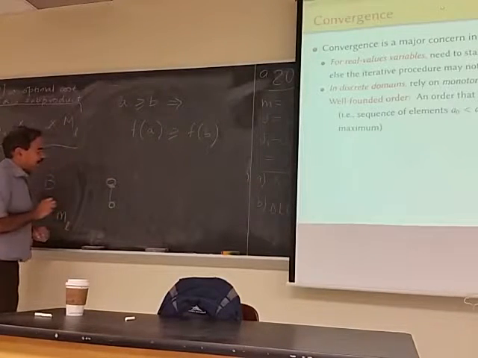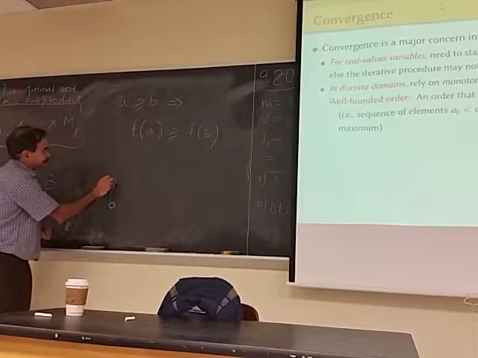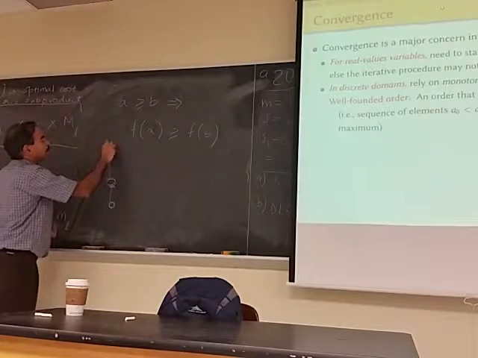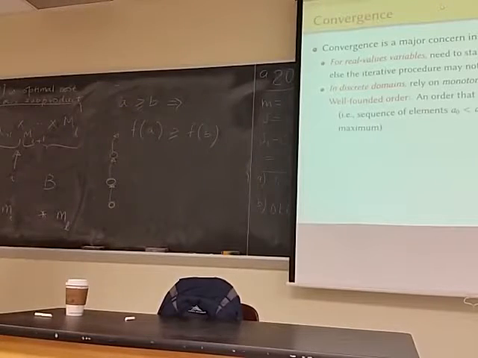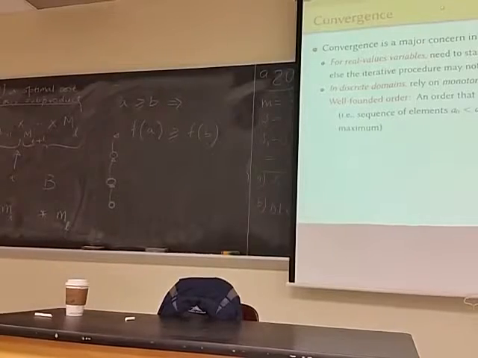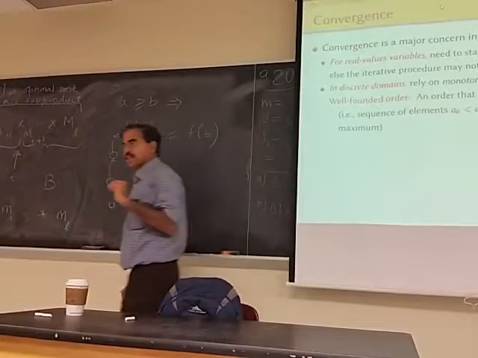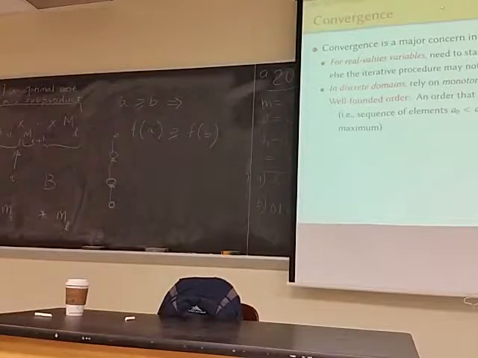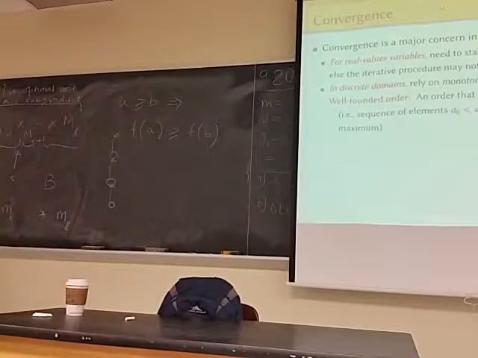Now, if your second approximation is here, and you substitute that, then you can only keep going up, right? If all your equations are monotonic, then what you can say is that your iterative technique will keep going up. And if you have this notion of a well-founded order, which basically says you cannot keep going up forever, those two conditions combined together will allow these kinds of iterative techniques to converge in discrete domains.